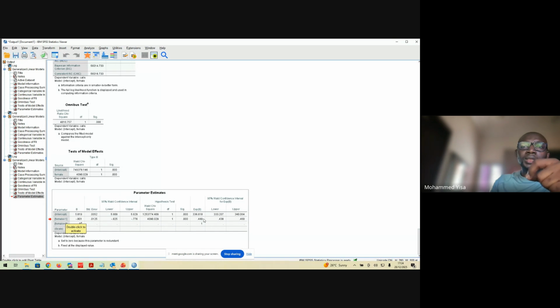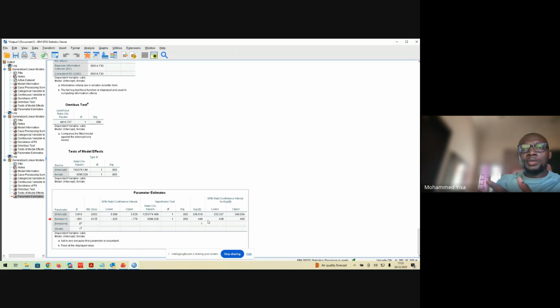If we want to know the significance of this, we check the confidence intervals, whether it crosses 1 or not. And we are using 1 as the null value because this is a ratio. So this does not cross 1, so it's statistically significant. If we go to the p-value, it's also much less than 0.05. So our exponent of b gives us 0.449, or you can say 0.45, which is 45%.